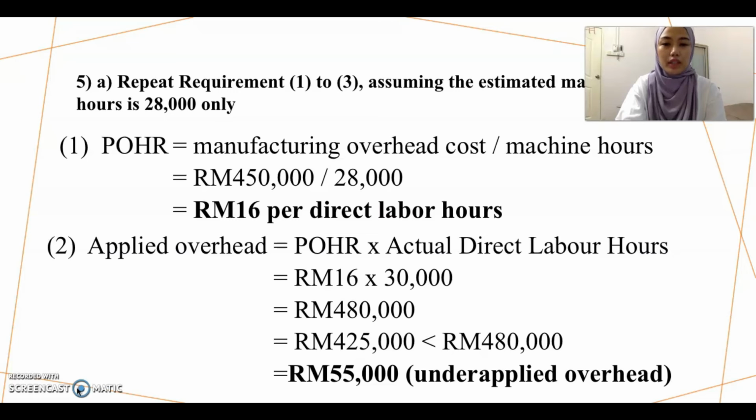We calculate 16 ringgit times 30,000, and then we get 480,000. The company incurred actual overhead of 425,000, which is less than applied overhead of 480,000. So the company has overapplied 55,000 for the year.